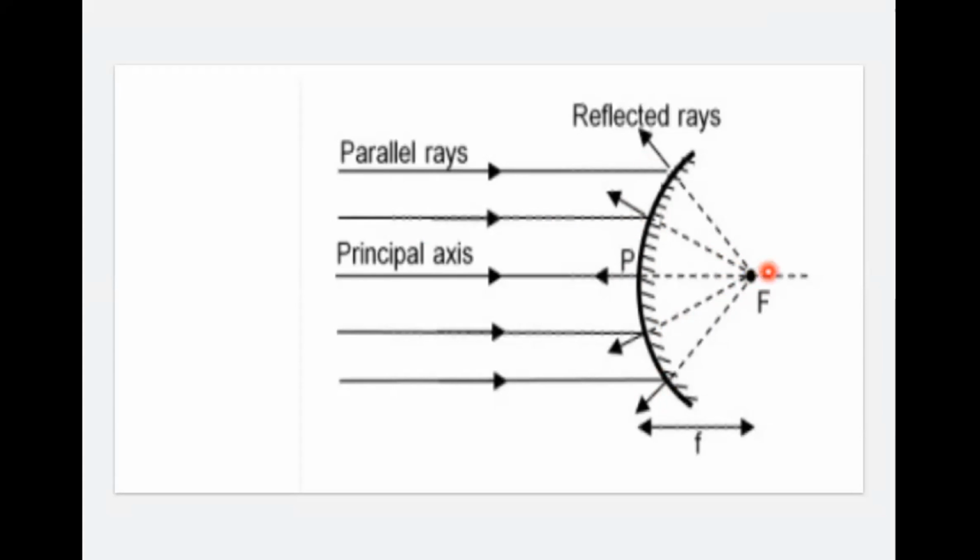So you must have easily made out that the focus for a convex mirror is opposite to the shiny or reflecting surface of the mirror. It is always at the back side of the convex mirror.